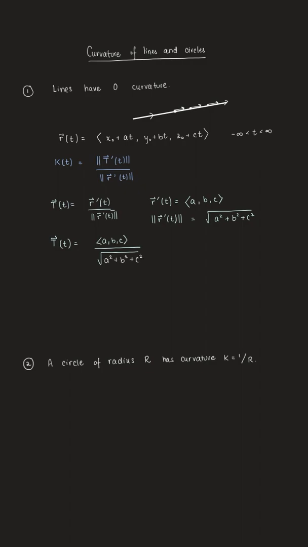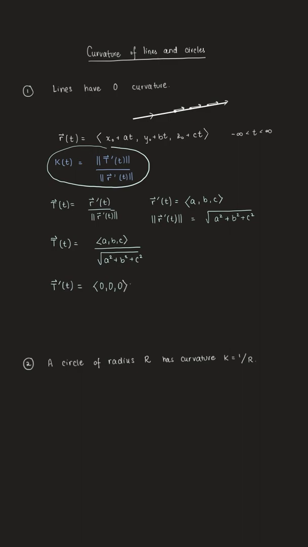Now, let's go back and look at that formula for curvature. I need the derivative of the unit tangent and its magnitude. Since I have the unit tangent right here, let's take its derivative with respect to t, and a, b, c are constants. So I have 1 over the square root of a squared plus b squared plus c squared, which is a constant, but the derivative of a with respect to t is 0, the derivative of b with respect to t is 0, and the derivative of c with respect to t is 0.